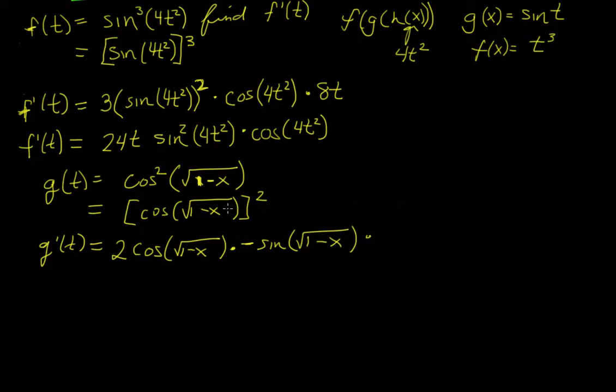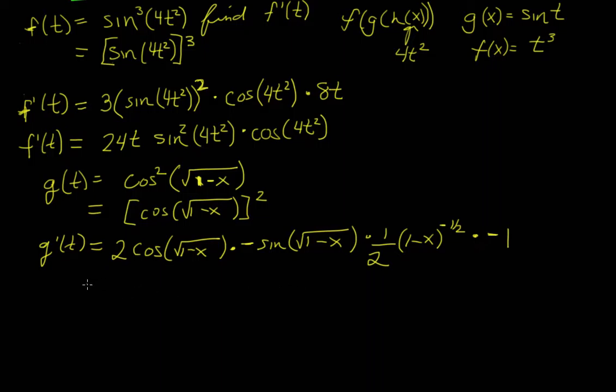Times the derivative of the inside, the square root of 1 minus x, and that's going to be 1/2 times 1 minus x to the negative 1/2. And now I'm finally at 1 minus x, and so that's going to be negative 1. That's the chain rule applied 1, 2, 3, 4 times.